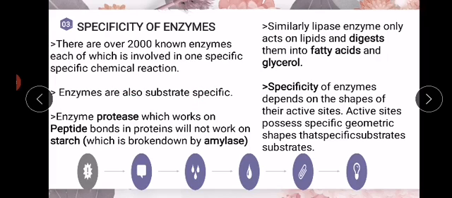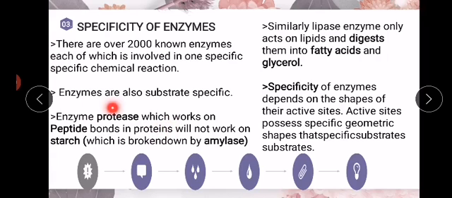So here are a few examples which explain this. There are different enzymes. The enzyme protease works on peptide bonds in proteins. From the term protease you can understand that it is about proteins. It works on the breakdown of proteins, or the breakdown of peptide bonds present in proteins.